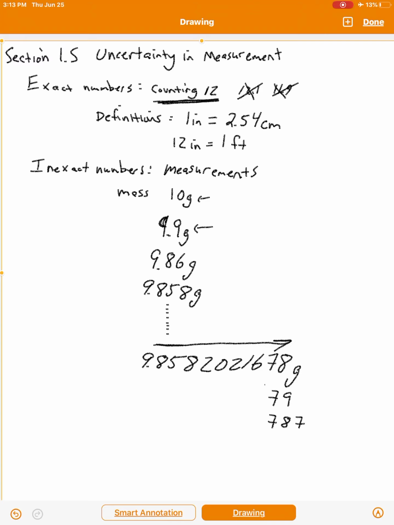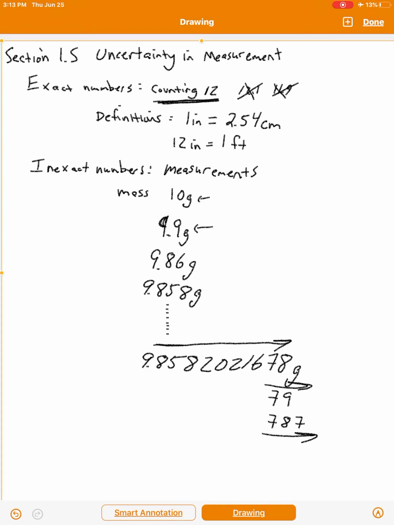When we make measurements, we're really just approximating what the actual value is. There is no real value because the way we define a value is based on how well we can measure it. And there is no such thing as a perfect measurement. Everything down to the level of the atom is based on the energy of atoms vibrating and so forth, and there's a certain amount of experimental error with that.